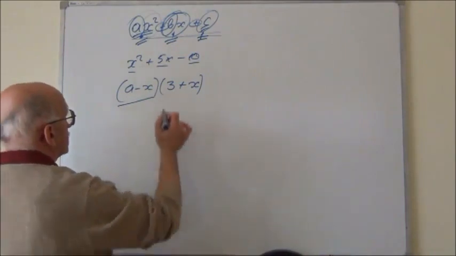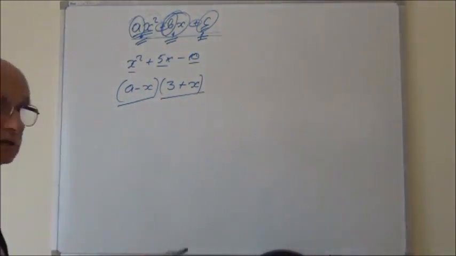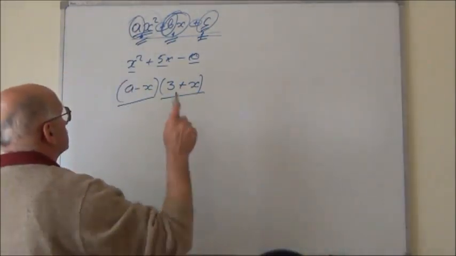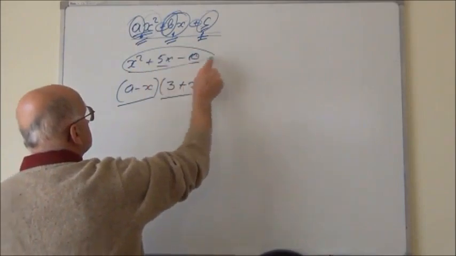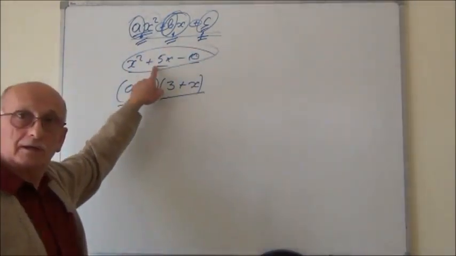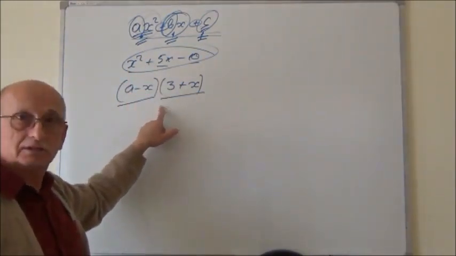We have one factor here and we have one factor here. So factorizing is a mathematical process that enables us to change a mathematical expression of that sort to bring it into this sort.